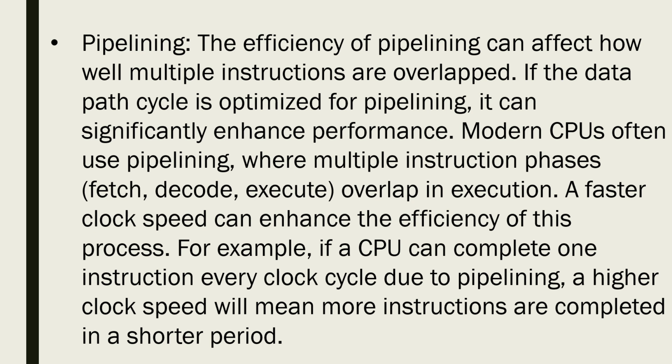Modern CPUs often use pipelining, where multiple instruction phases (fetch, decode, execute) overlap in execution. A faster clock speed can enhance the efficiency of this process. For example, if a CPU can complete one instruction every clock cycle due to pipelining, a higher clock speed will mean more instructions are completed in a short period.